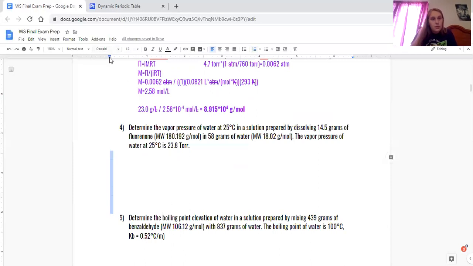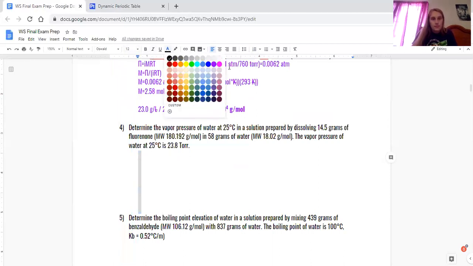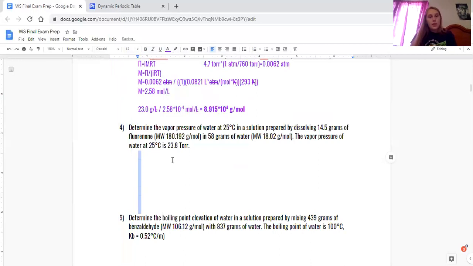So go ahead, change this again. So we're going to go ahead and get this started. If we're needing to find the vapor pressure in a solution, so we're going to find the vapor pressure here.